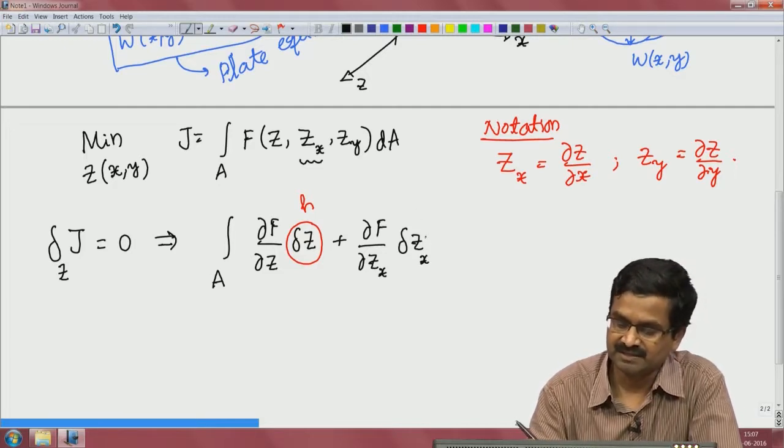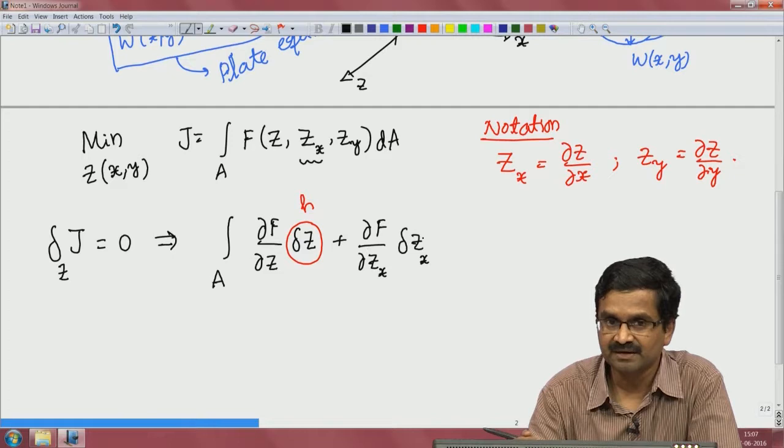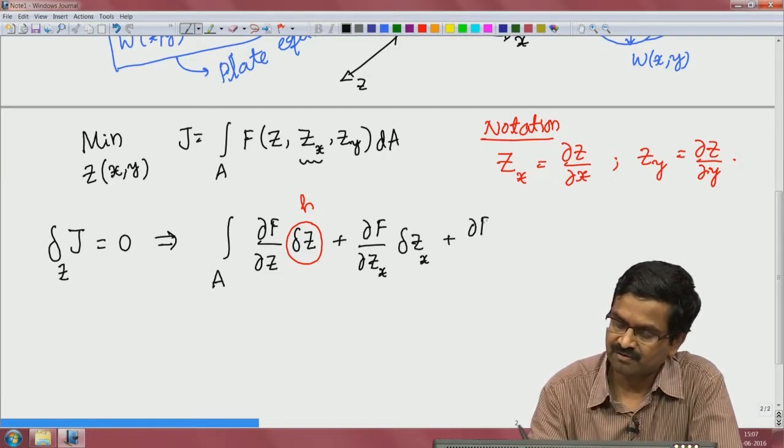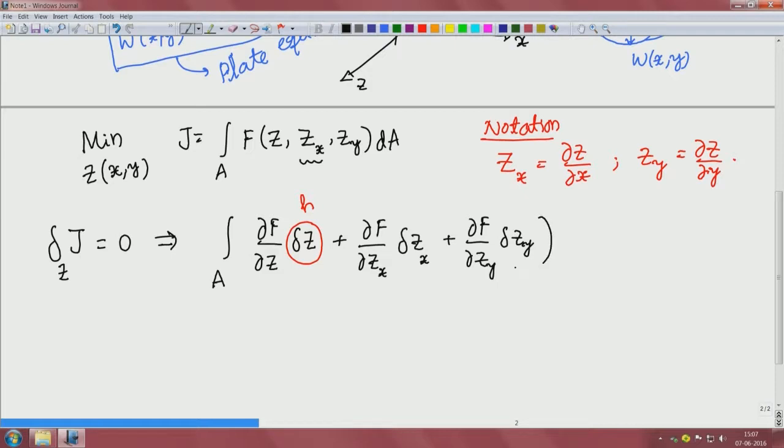Okay. That is dou delta z by dou x, and we will also have dou f by dou z sub y times delta z sub y, and then we will have dA as usual. This should be equal to 0, that is what we have.